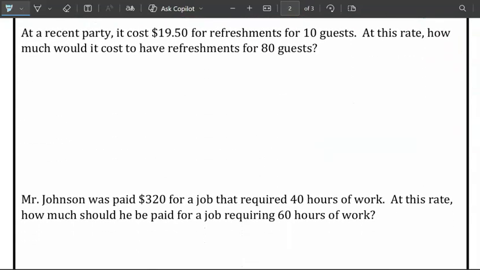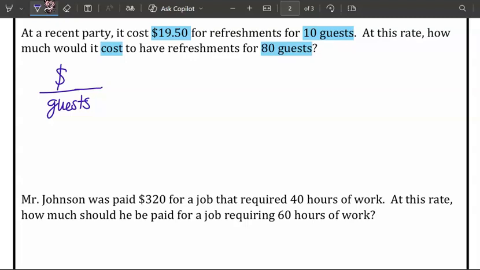At a recent party, it cost $19.50 for refreshments for 10 guests. At this rate, how much would it cost to have refreshments for 80 guests? We're going to have cost over guests.